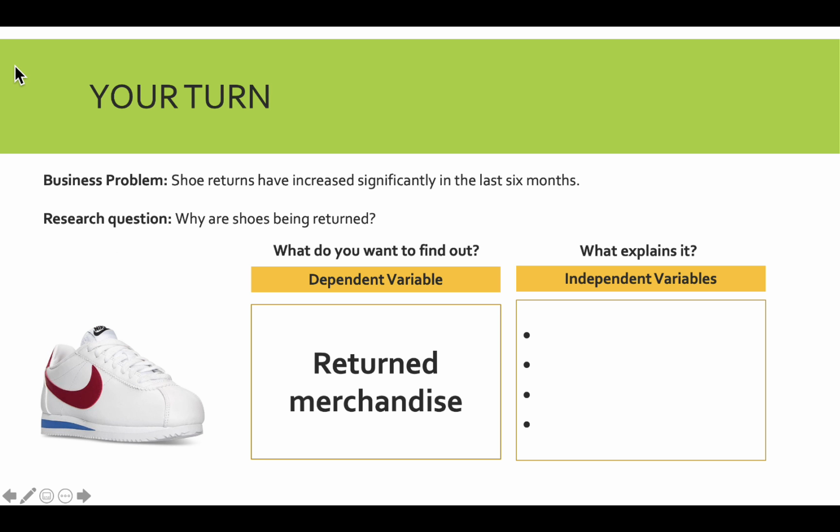All right, Nike shoes. Here's the business problem. Shoe returns have increased significantly in the last 6 months. Research question. Why are shoes being returned? So we want to measure returned merchandise, right? And what explains it? Could it be you don't get to go to the store to try them on, you're ordering more online?